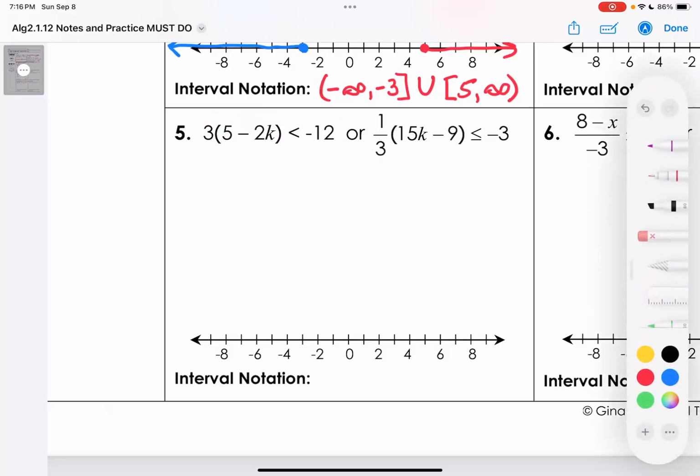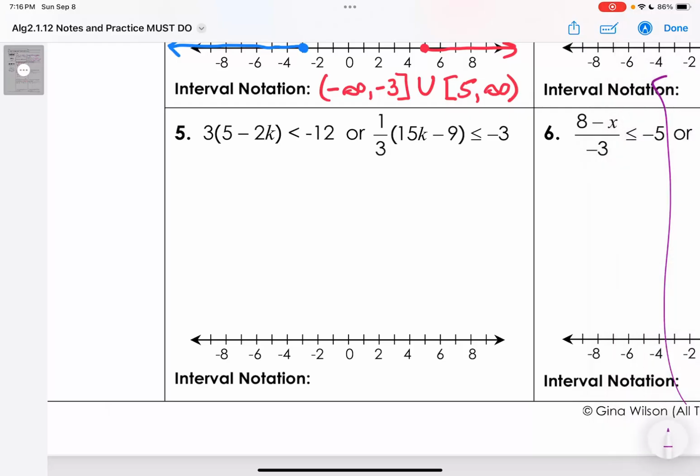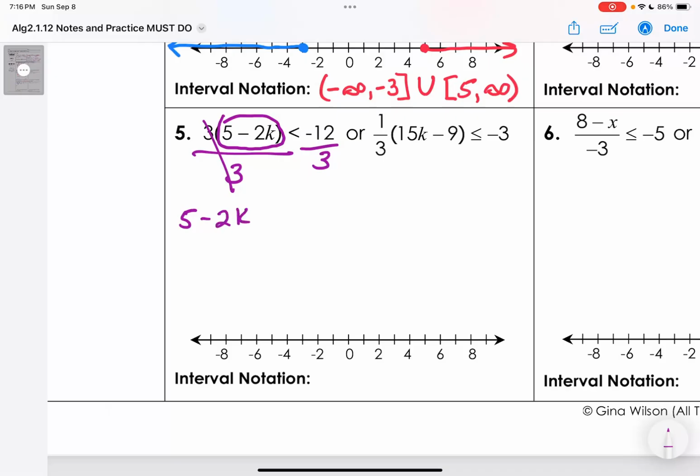So 3 is multiplied times this whole thing, so I can divide both sides by 3. And then I have negative 4. That way I didn't have to multiply through and then divide. I just took care of it by dividing by 3. You can do the distributing if you would rather.